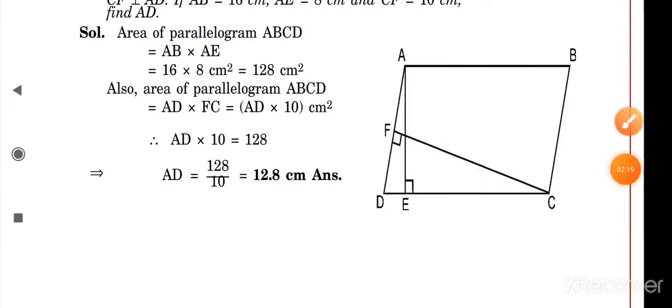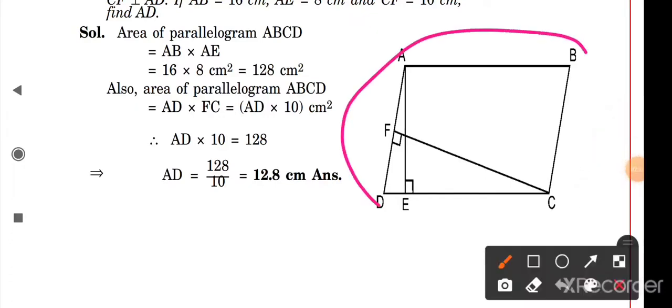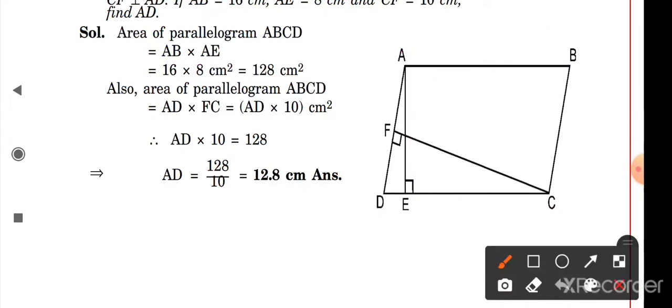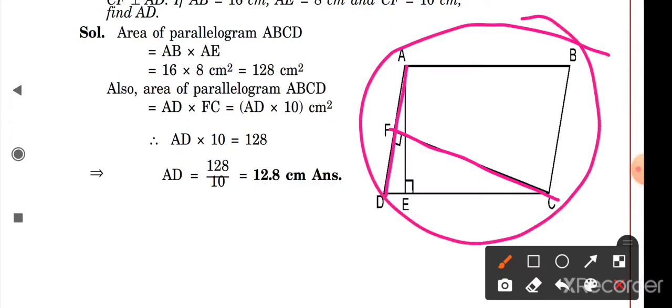Since you know that the area of a parallelogram is base into height, when you take the base as AB, the height will be AE. So AB into AE, that means the area will be 128 centimeter square. Now, if you take the base as AD, the corresponding height will be CF, in that case the area of ABCD is equal to AD into CF.